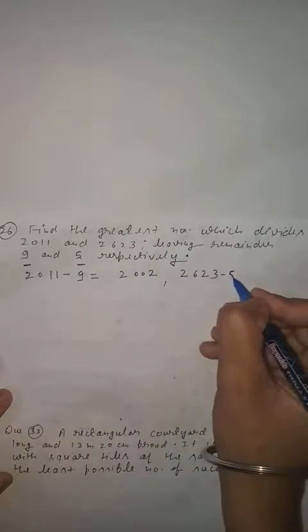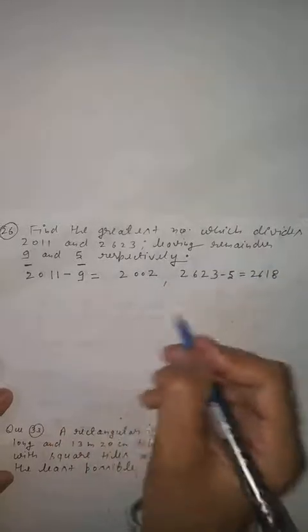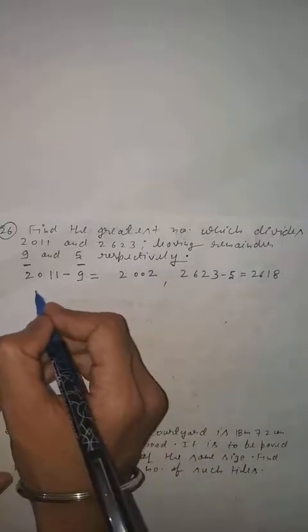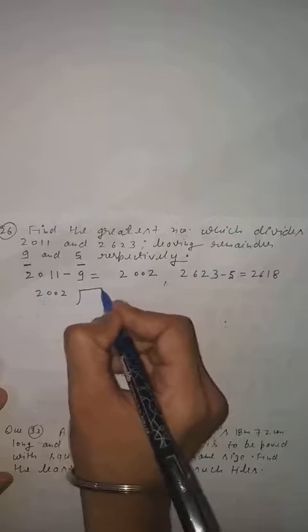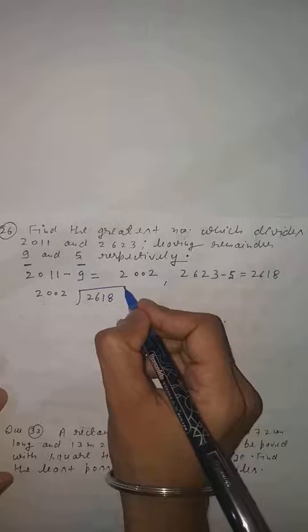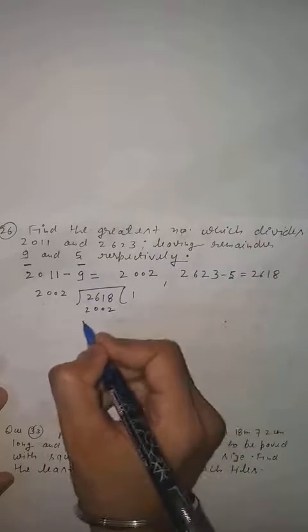Here you will subtract, it will come 2618. Now you have to find the HCF. You can use any method, but here I will use long division because it is easy and very simple. So two numbers are given, 2002 and 2618. So this will go once, this is 2002.